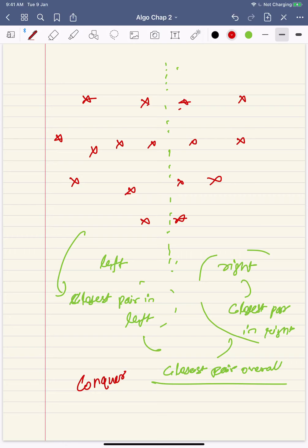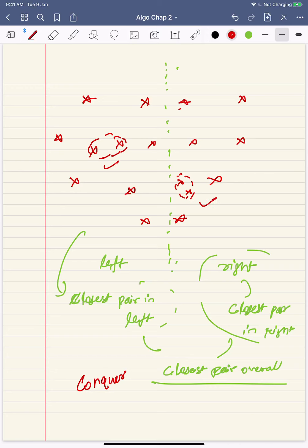Because you have found the minimum distance in the left plane, suppose this is it, and then you have found the minimum in the right plane, suppose this is it. But when you combine, there may not be any more pairs in the left and right planes that have a smaller distance than this. This is the minimum here, and this is the minimum here.